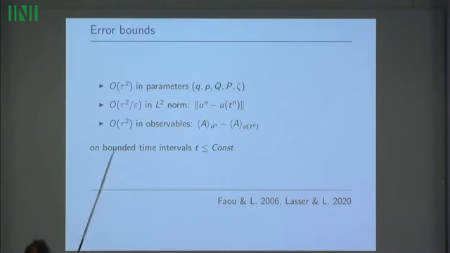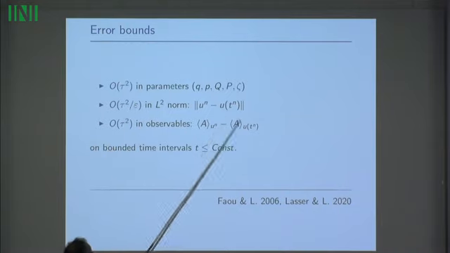However, due to the 1 over epsilon in the exponential of our Gaussian, there's only a tau square over epsilon estimate in the L2 norm. But in the observables, we get again uniform second order, uniform in epsilon, in suitable observables that depend on Q and P. And these error estimates, of course, hold on fixed bounded time intervals.